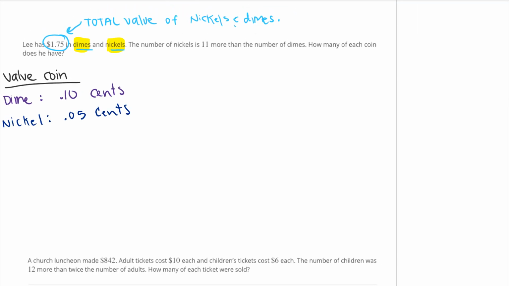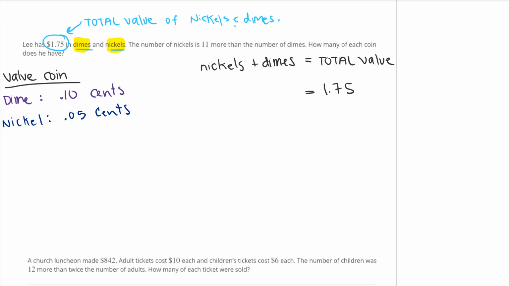It's telling us the amount of nickels plus the amount of dimes is going to equal my total value. So if I add up the total amount of nickels and the total amount of dimes plus their worth, then it's going to give me my total value. And that total value that I have is $1.75.